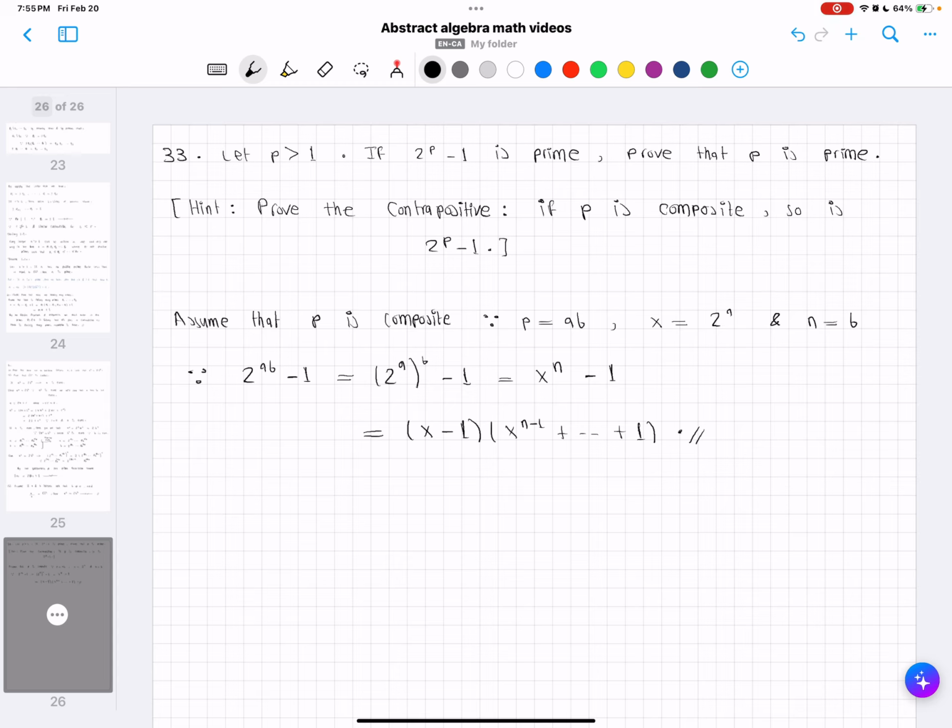So that means you can never reach this unless P is prime. So that's the intuition about it. Yeah, it comes from the algebra here.